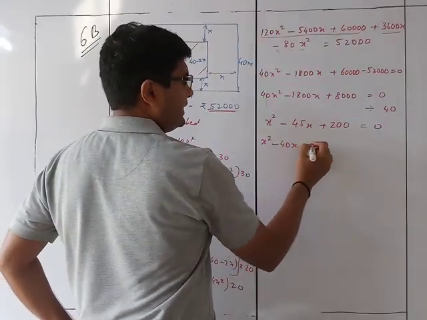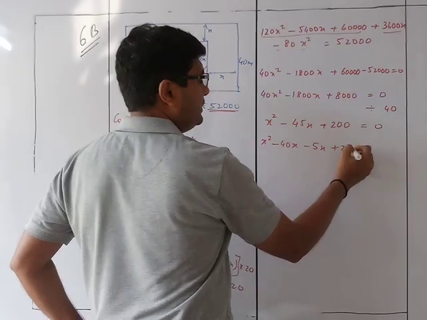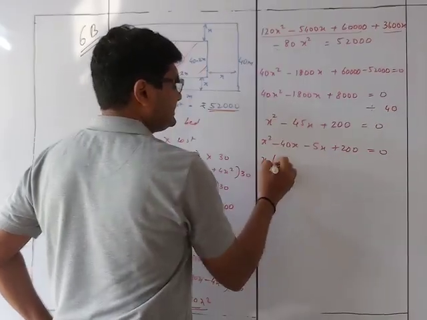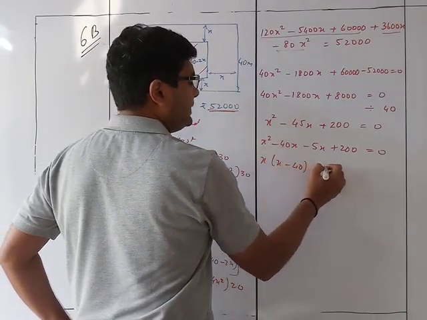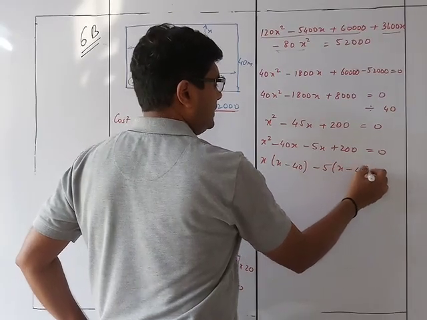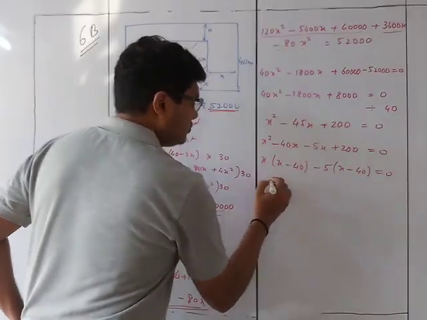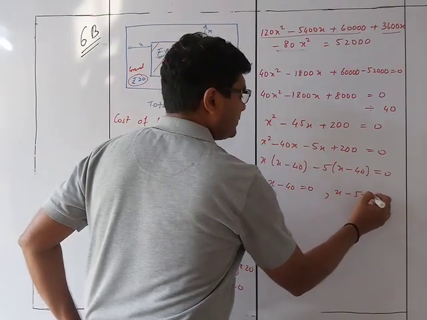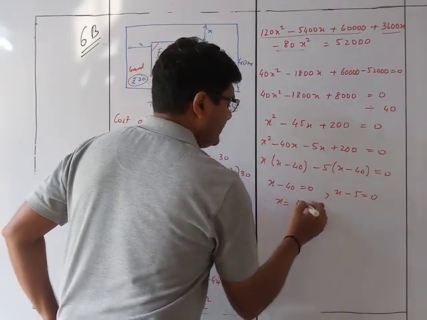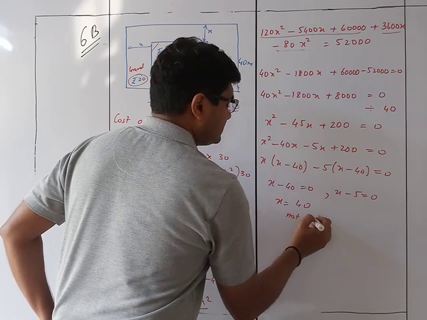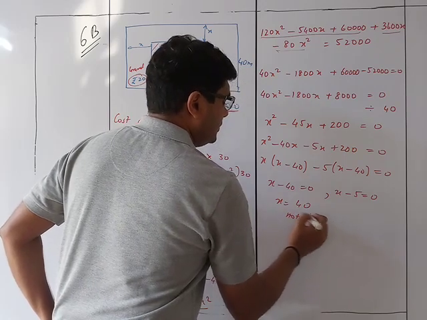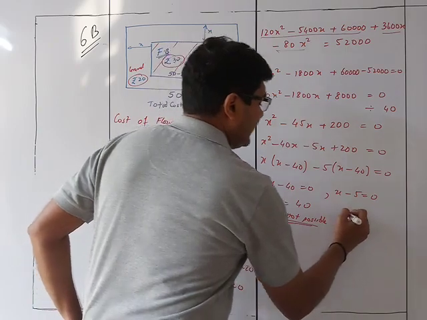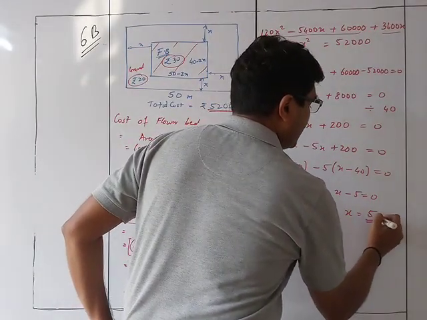So it is x square minus 40x minus 5x plus 200 is equal to 0. x minus 40 minus 5 (x minus 40) is equal to 0. So that gives me x minus 40 is equal to 0, x minus 5 is equal to 0. x equal to 40 is not possible, because the width itself is 40, so not possible over here. x equal to 5 will be the answer.